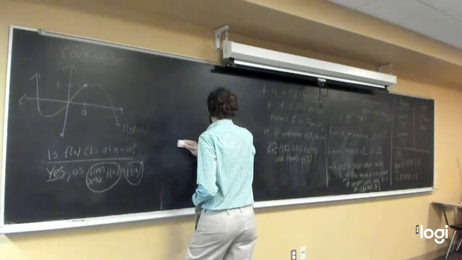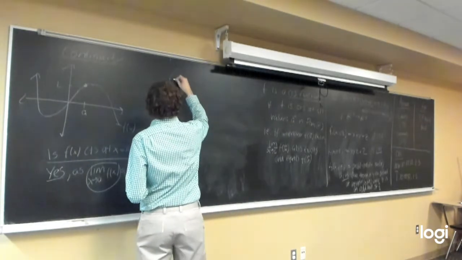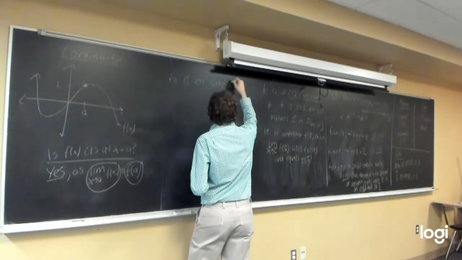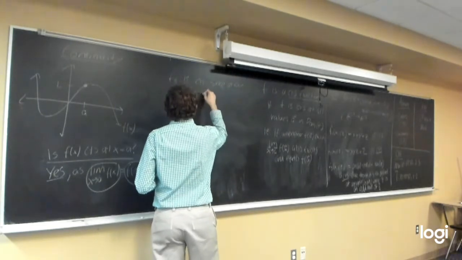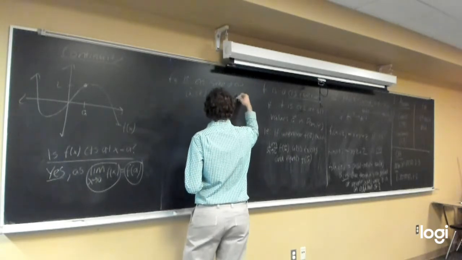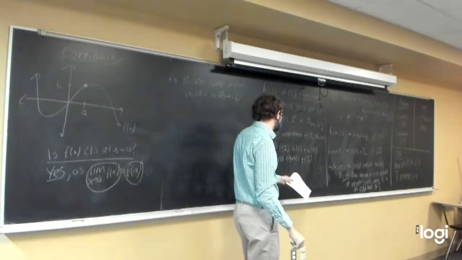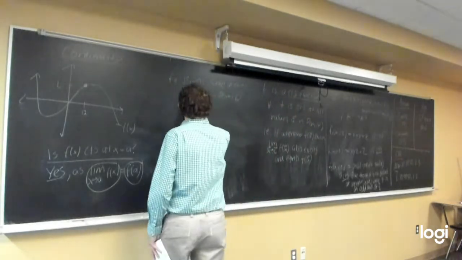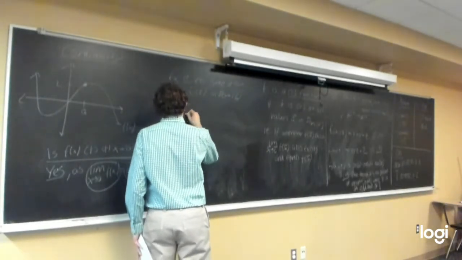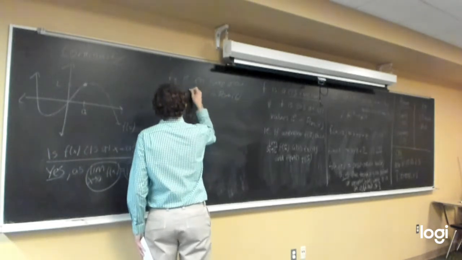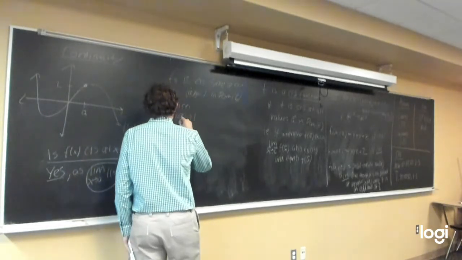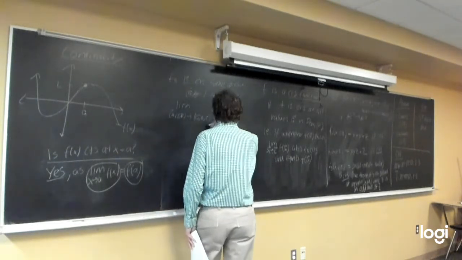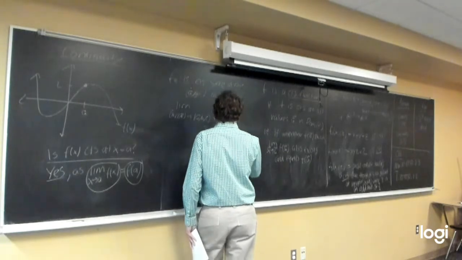In this case, the reason why I would say f3 is continuous is that at any x, y, z in the domain of f3, meaning at any vector x, y, z where z is not an odd multiple of pi over 2, it's going to be the case that the limit as x, y, z approaches, instead of saying x, y, z, let's say a, b, c, of f3 of x, y, z is just going to be equal to f3 of a, b, c.